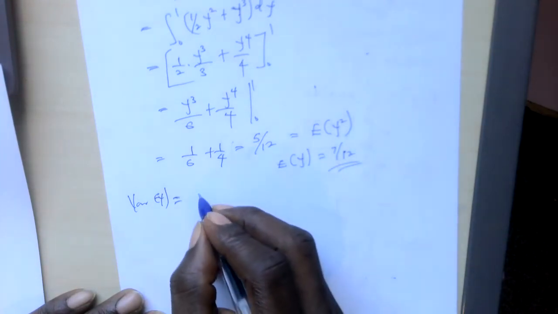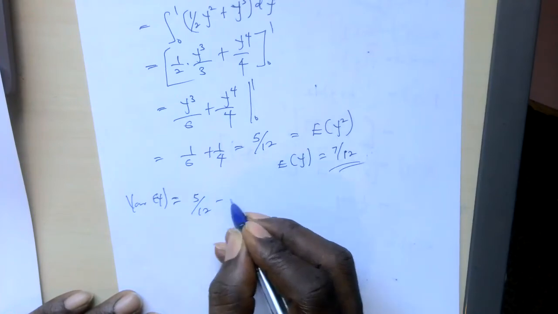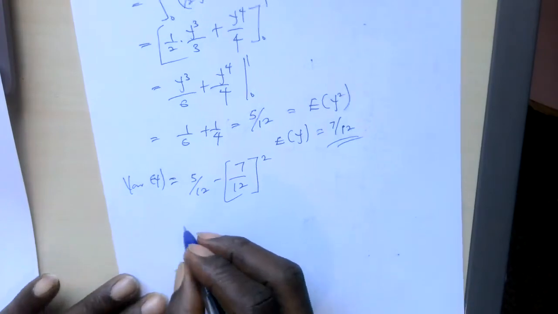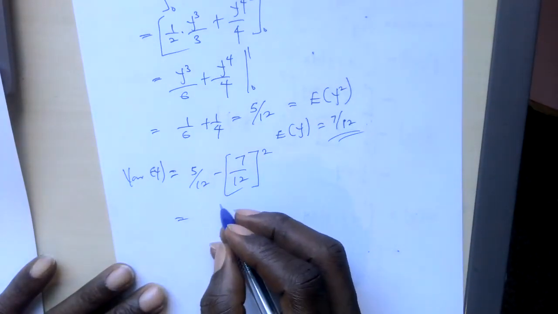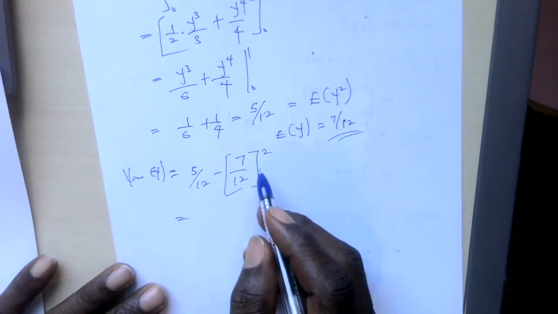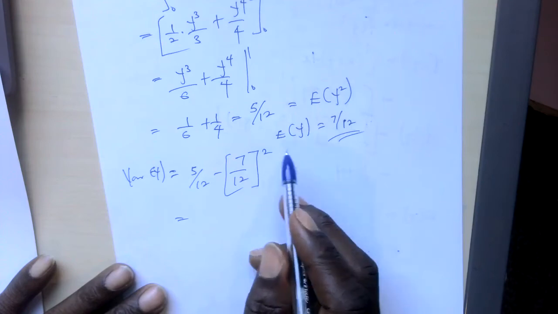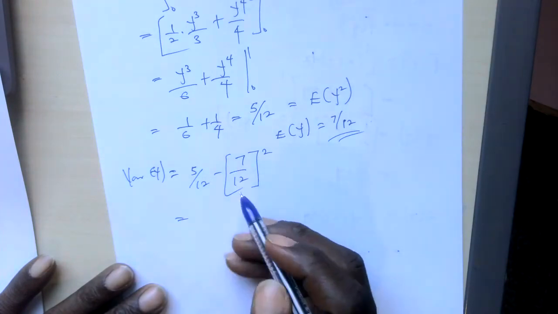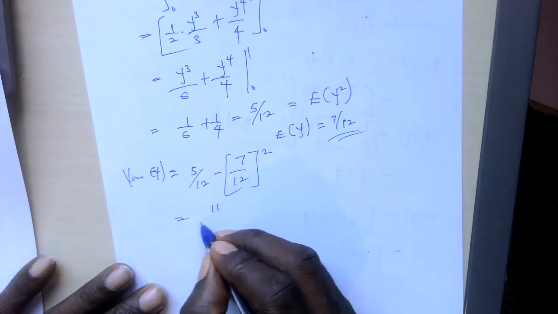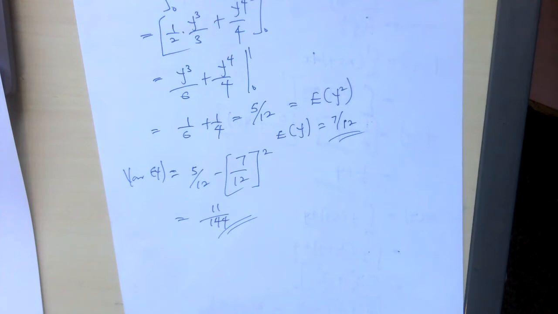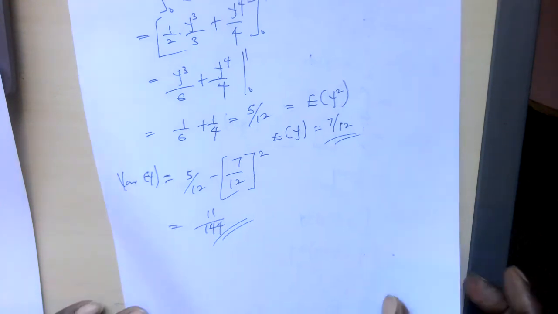So that would be 5 over 12 minus 7 over 12 squared. So that gives us what? If you factor that out, 49 over 144, that will be 11 over 144. Yeah, 11 over 144. So that's the variance now for y.